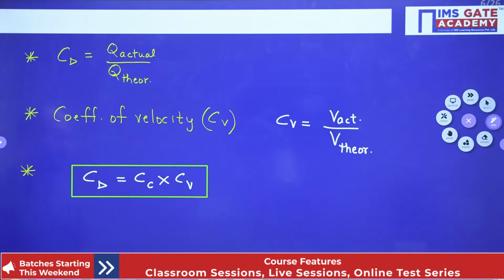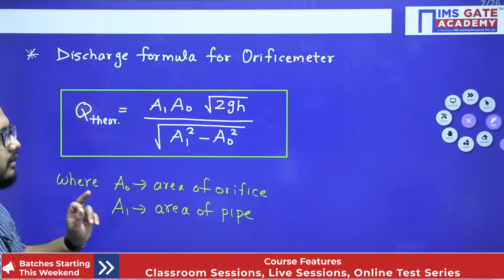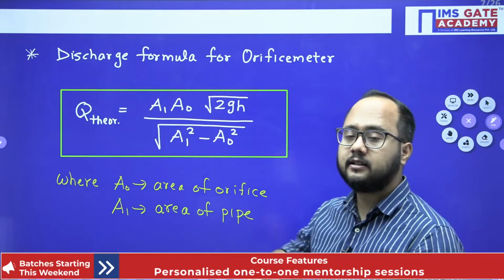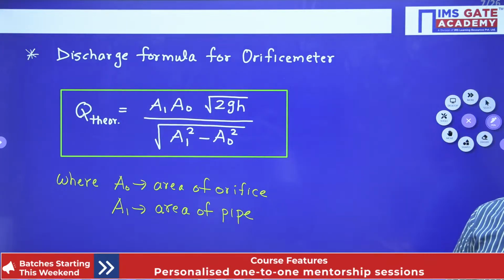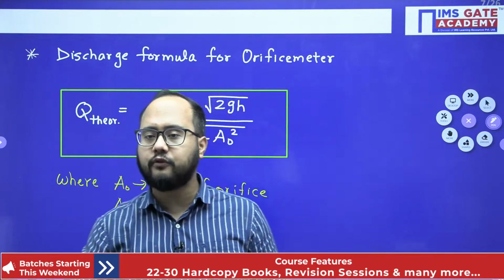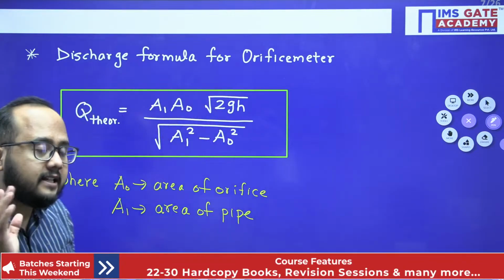But the point we need to remember is that in the orifice meter, losses are more. Now you will be thinking, sir, how much loss? Just think of the value of CD in the case of the orifice meter; from that you can easily understand.